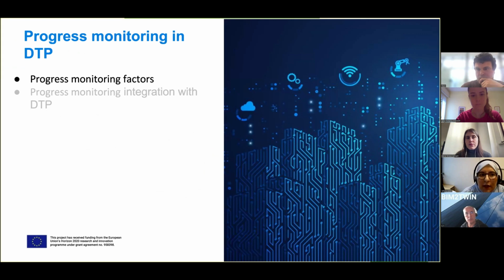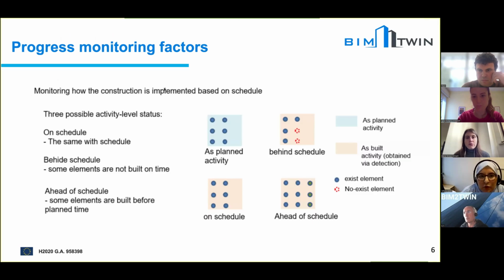Now we will talk about how we can perform the progress monitoring in the digital twin platform. We need first to understand the factors we need for computing the progress monitoring. We need to perform the progress monitoring in order to monitor how the construction is implemented based on the schedule. We have three possible activity level statuses.